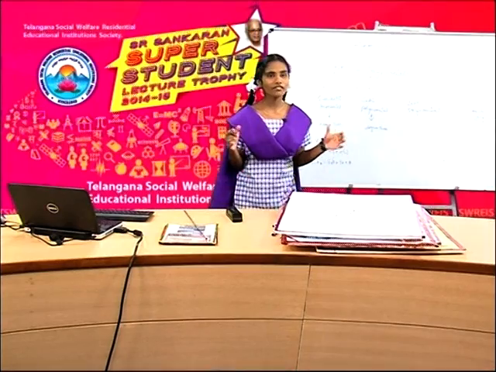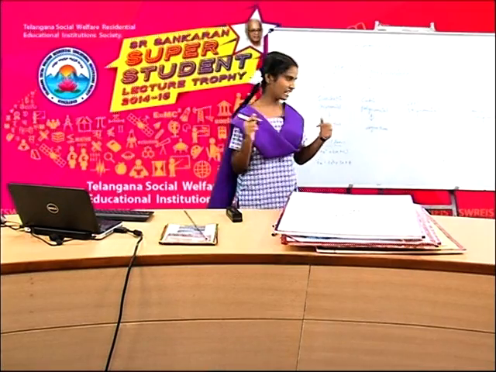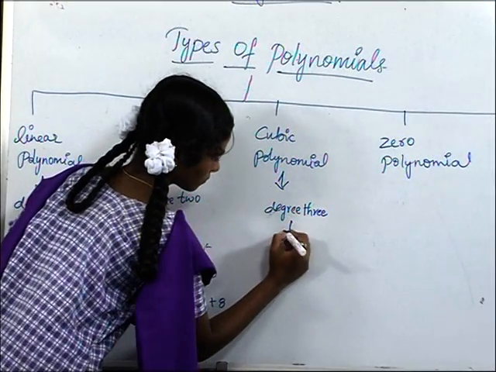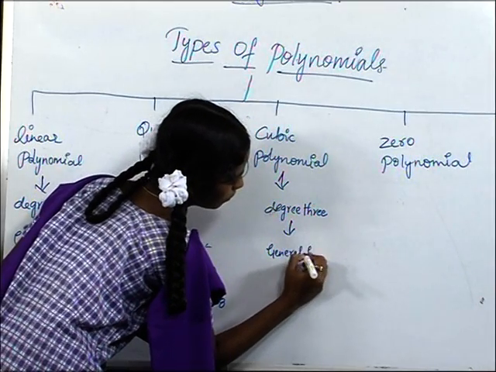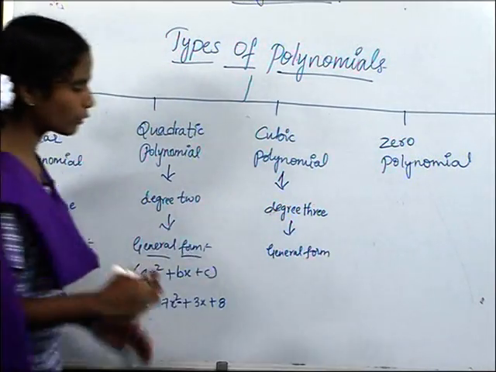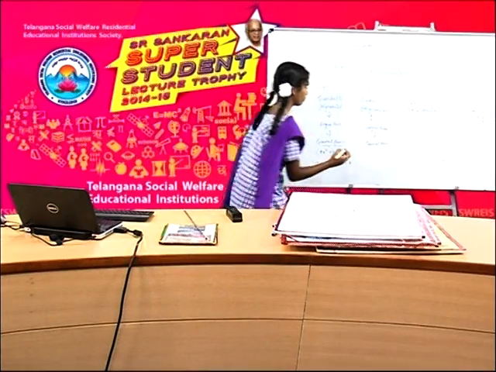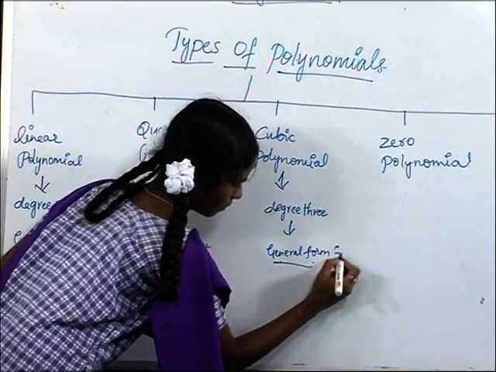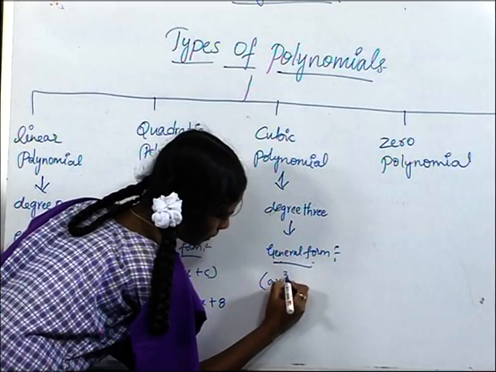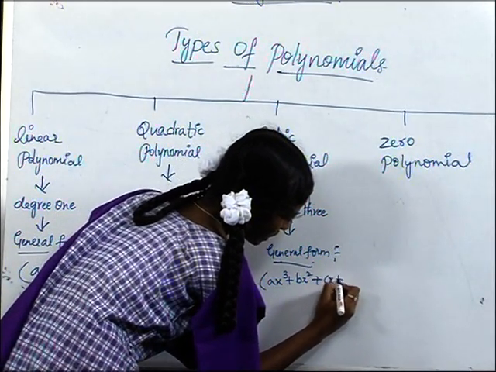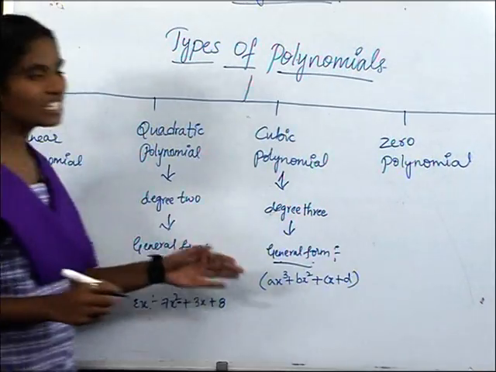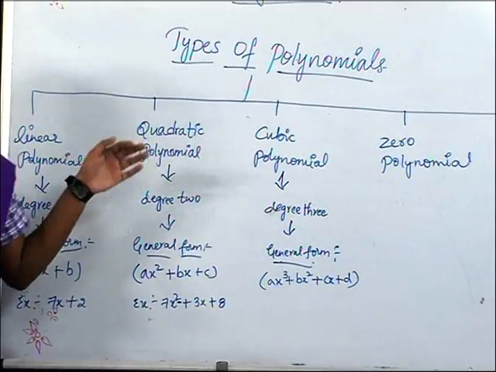The general form of a cubic polynomial is ax cube plus bx square plus cx plus d. This is the general form of a cubic polynomial.